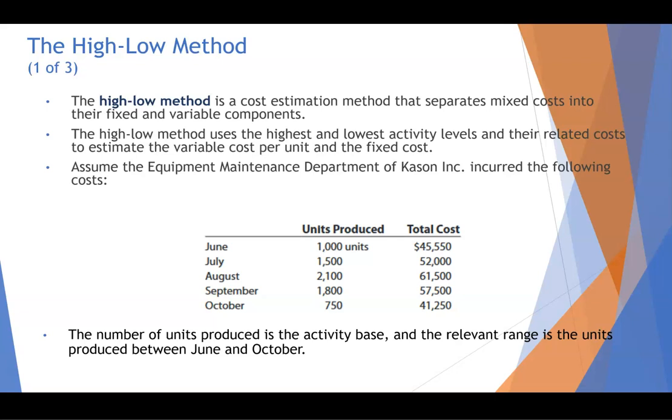In September, we had 1,800 units produced at a cost of $57,500. And then October, we had 750 units produced at a cost of $41,250.